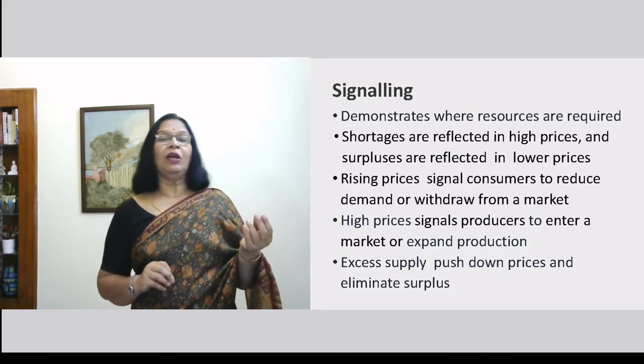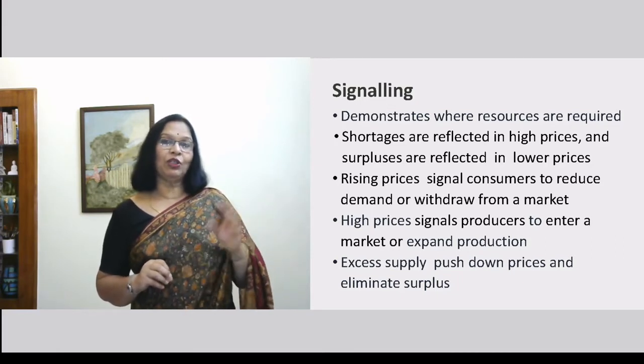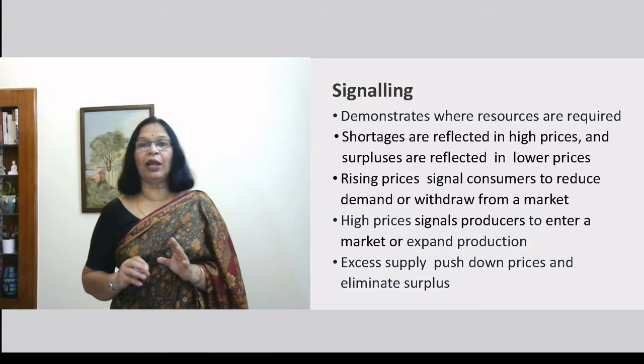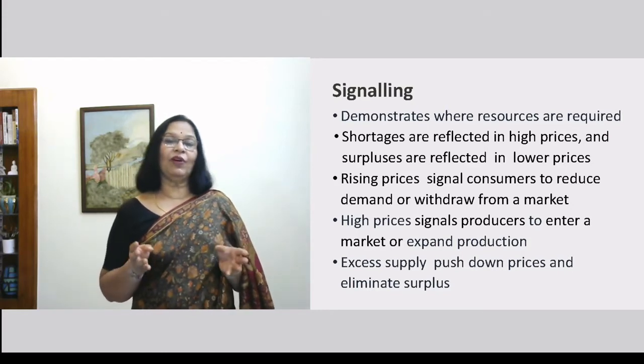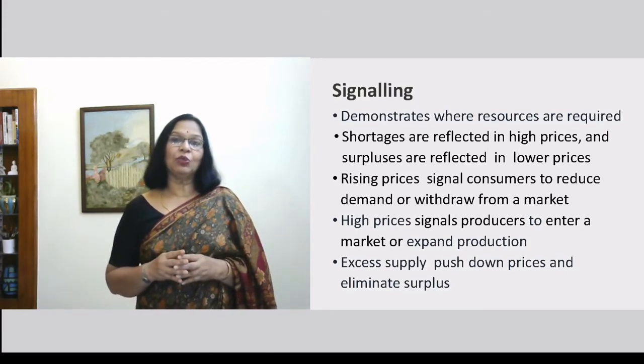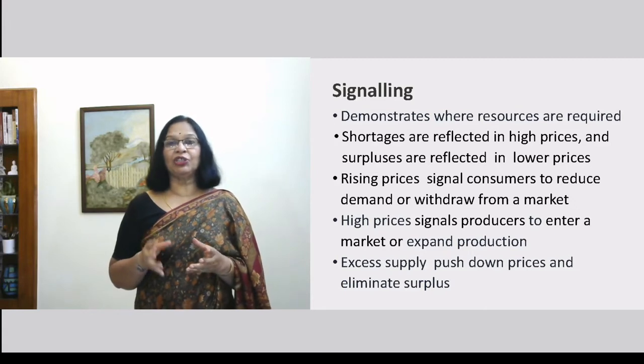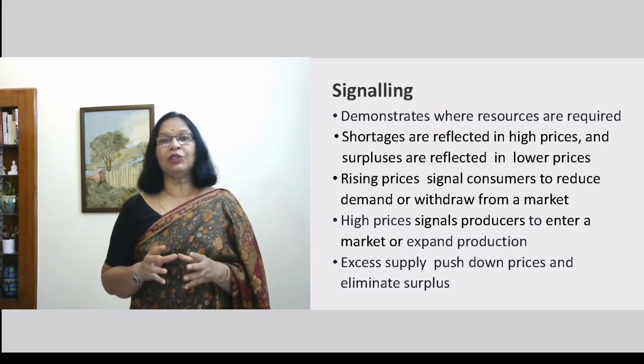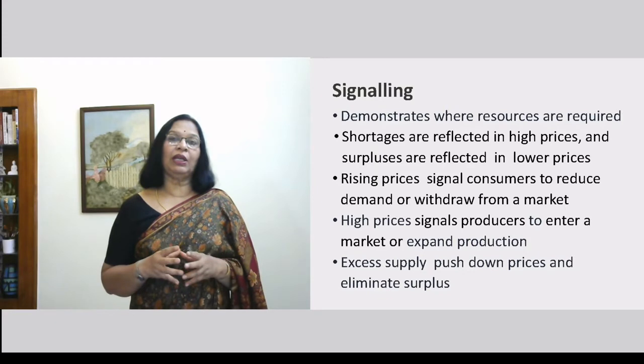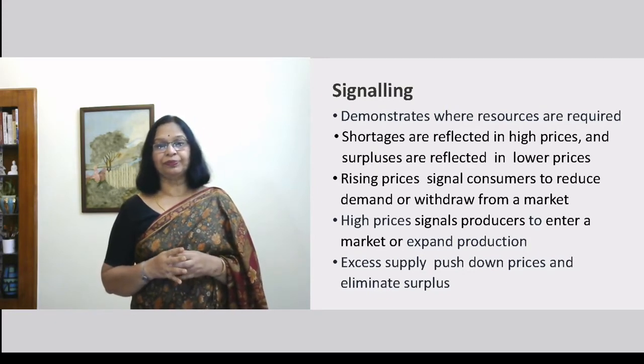Consumers too will decide what goods to buy and when to exit the market if the prices are too high. So this signaling function is done by the prices, which makes the decision of the consumer and the producer suit the emerging market situation.